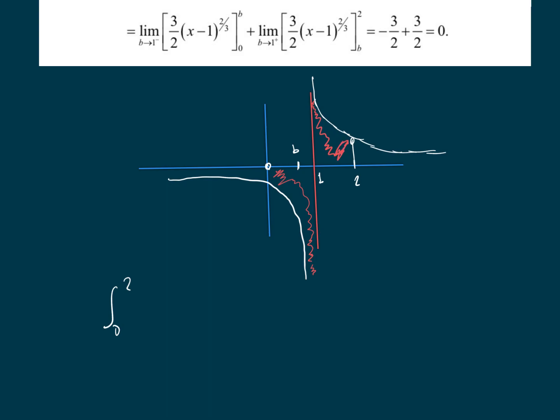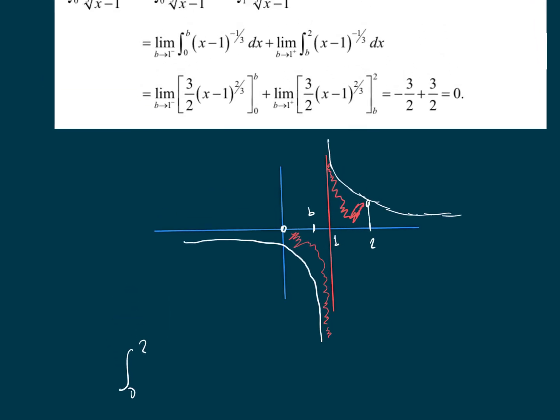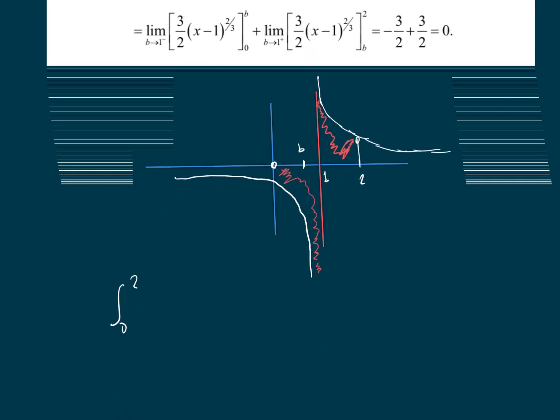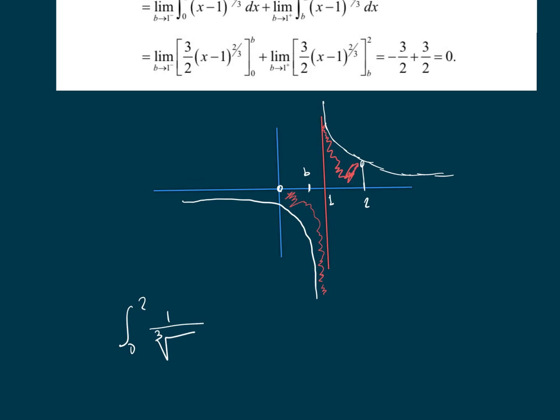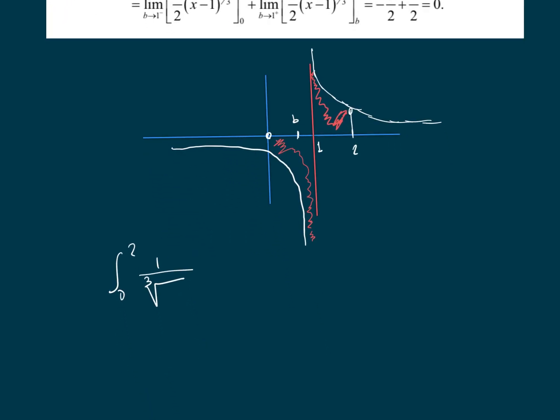So from 0 to 2 we need to split the integral. The function is 1 divided by the cubic root of x minus 1.